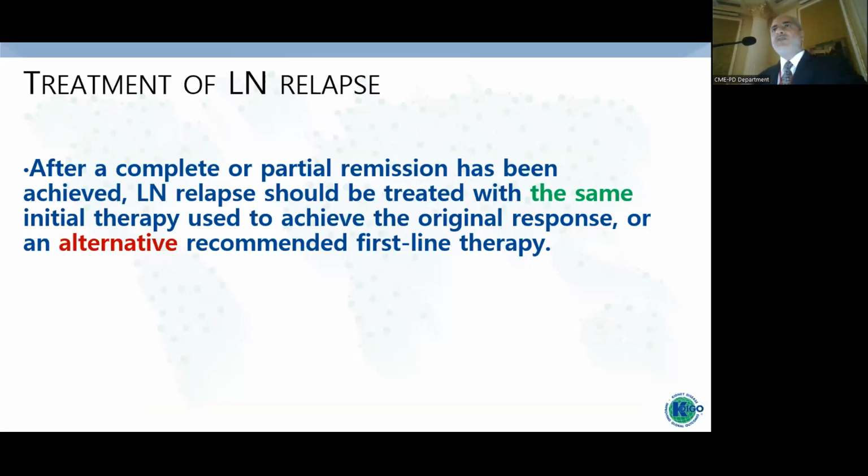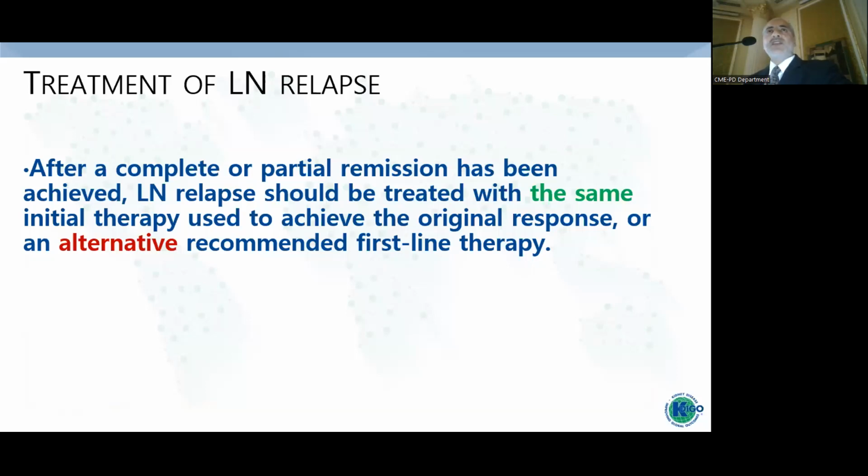If the patient achieves complete or partial remission and is kept on maintenance therapy, and while on the maintenance protocol he develops a relapse of lupus nephritis, that will be evident by increasing urine protein excretion, rising creatinine, and presence of active urine sediment.